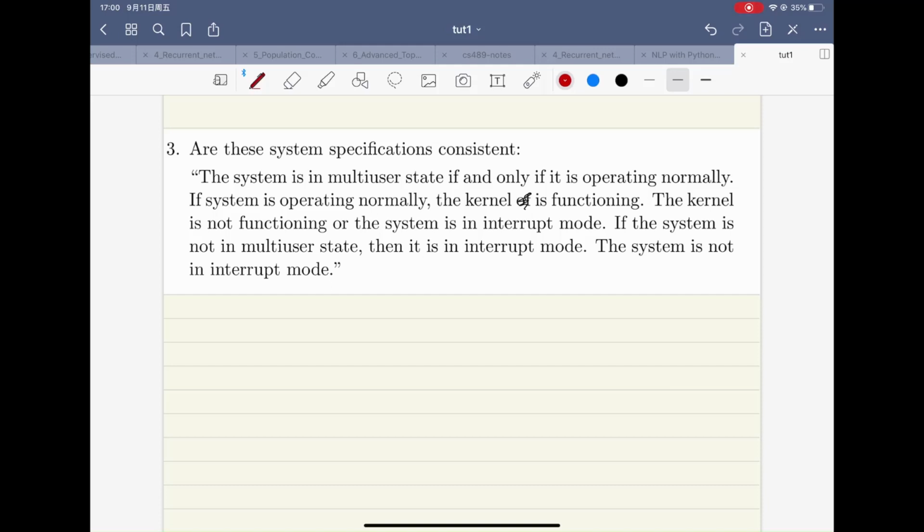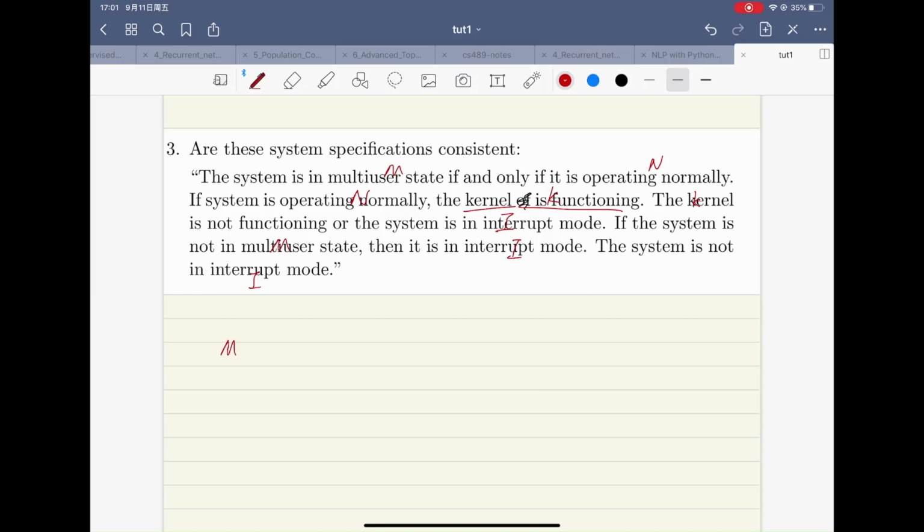The system is in multi-user state, we call it M, and operating normally, we call it N. The kernel functioning, we call K. The system is in interrupt mode, we call it I. All right, we have found all the premises.